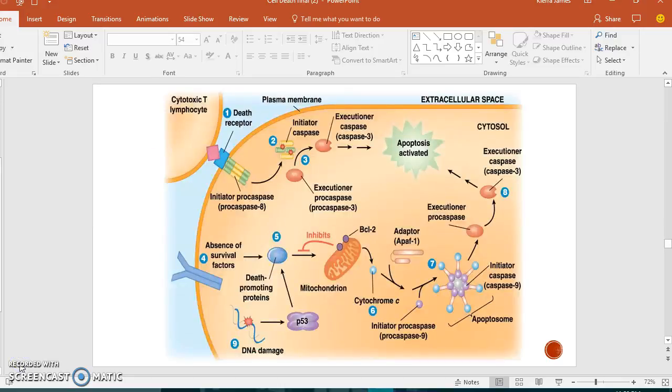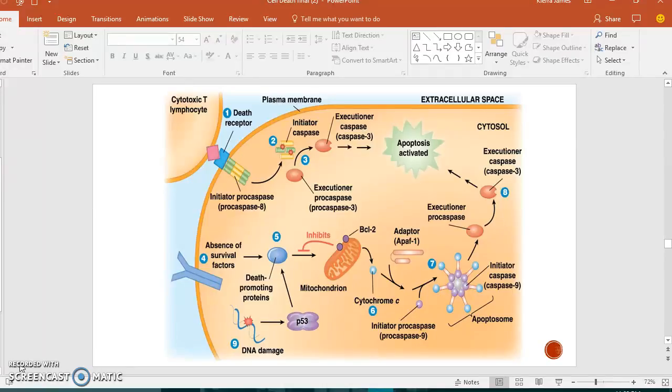So, this figure is showing what exactly happens inside the cell when it receives a cell death signal. First, the cell receives a signal that tells it to die. In this diagram, it's the ligand on the surface of a cytotoxic T lymphocyte that binds to the death receptor of the target cell.